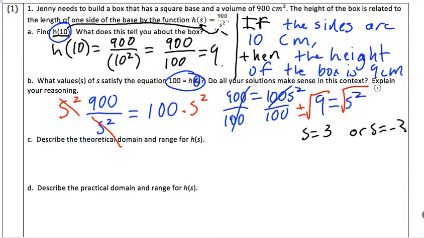Let's go back and look at this question here. I think this question makes sense now. Do all your solutions make sense? Well, yeah, it makes sense to have a box of 3 centimeters. That's not a mind-blowing thing. However, you cannot have a negative 3 centimeter box. So this value does not make sense.